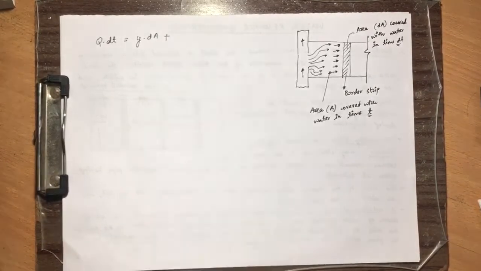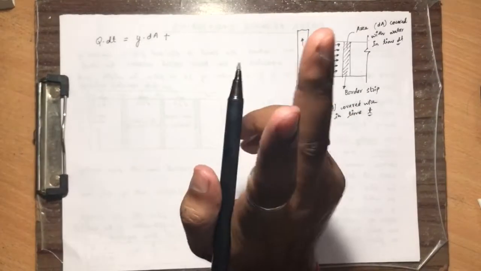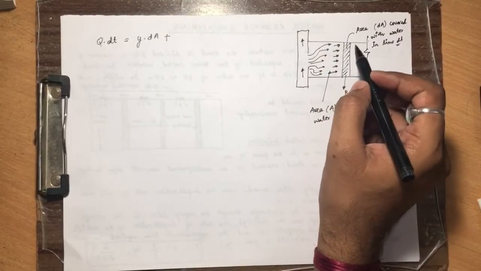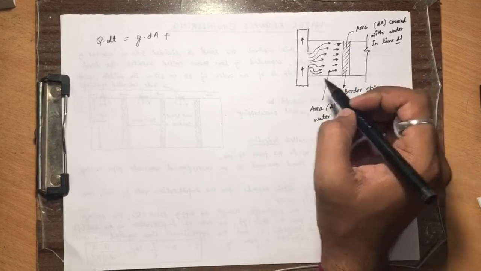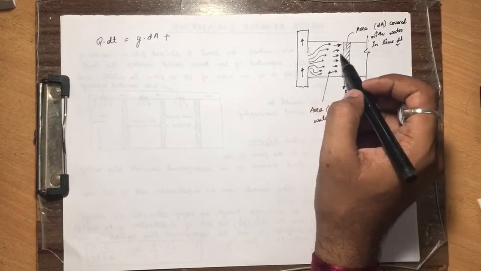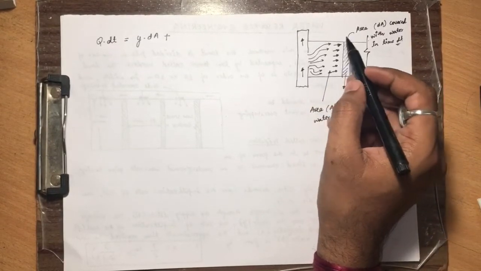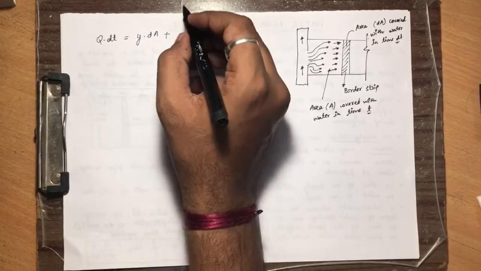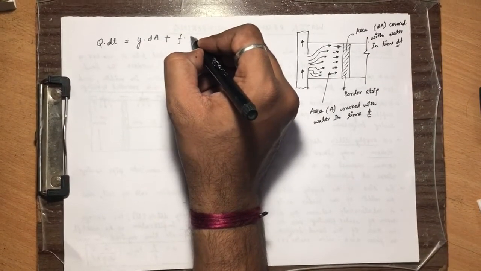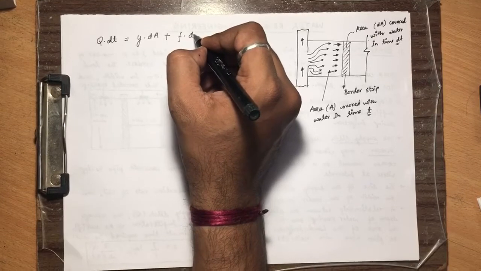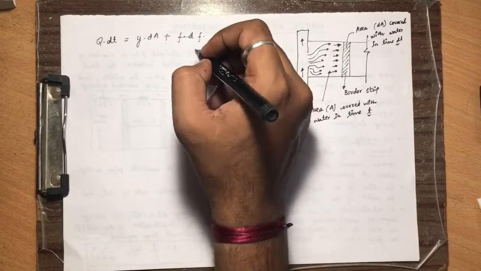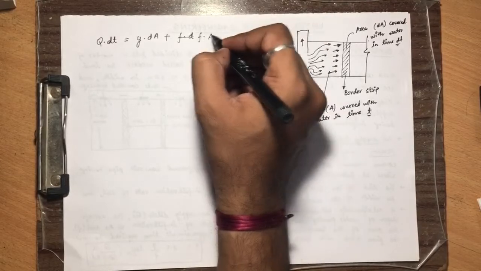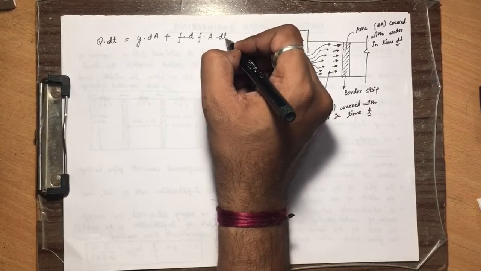So water is doing two works here. First is irrigating this area, and also satisfying the needs of the soil. How does the soil need water? In the form of infiltration. So the total area is A, and F is the infiltration rate, over area A in time dt.